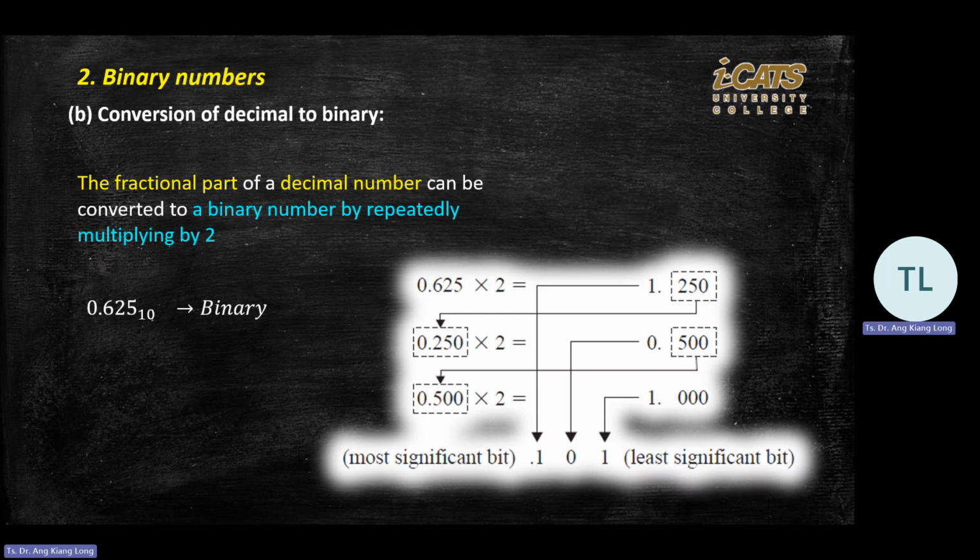If you are asked to change point something base 10 to binary, you just multiply the number by 2. So for example, 0.625 multiplied by 2, you get 1.25. You see 1 already, pull the remaining 0.25 to here, continue to multiply by 2 until you see 1.